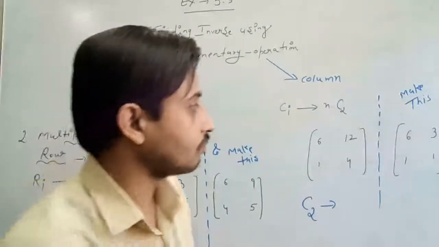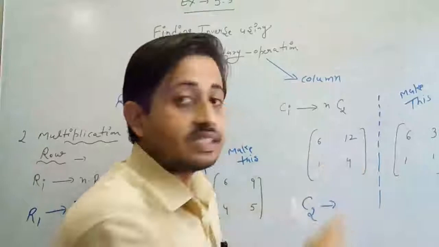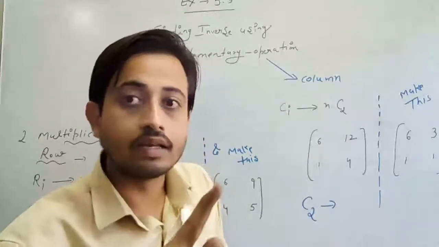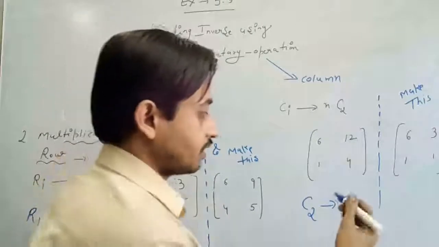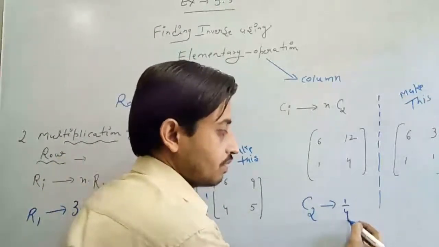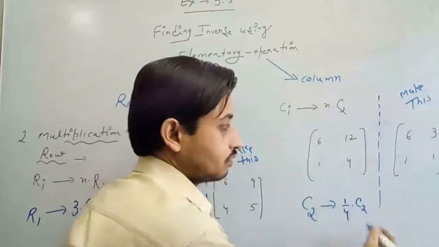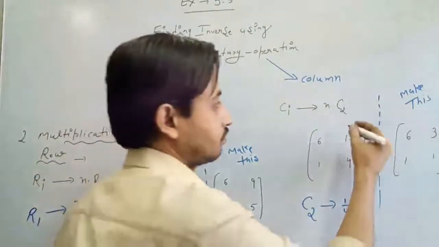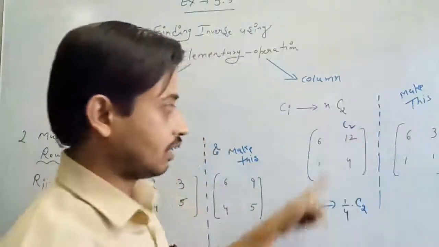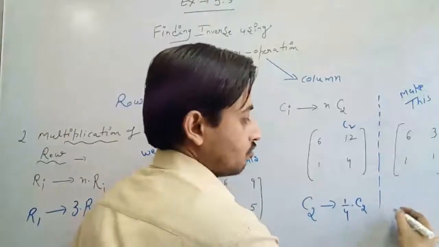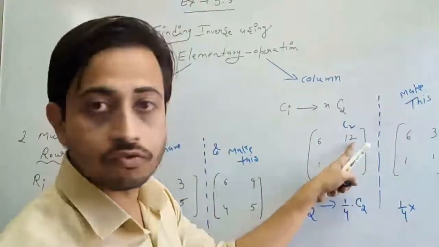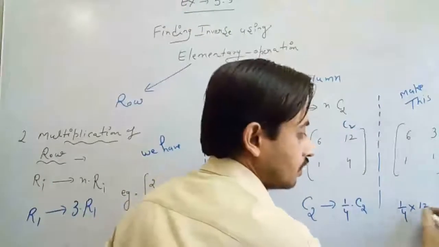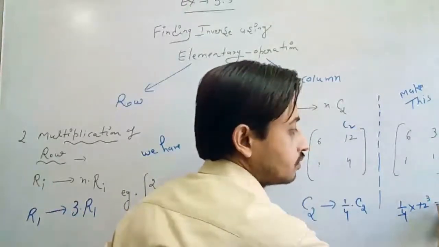Multiply. If we multiply this 12 by 1 upon 4, then what will we get? We multiply 1 by 4 into the second column, C2. The first element of C2 is 12. 4 3s are 12, so we get 3.